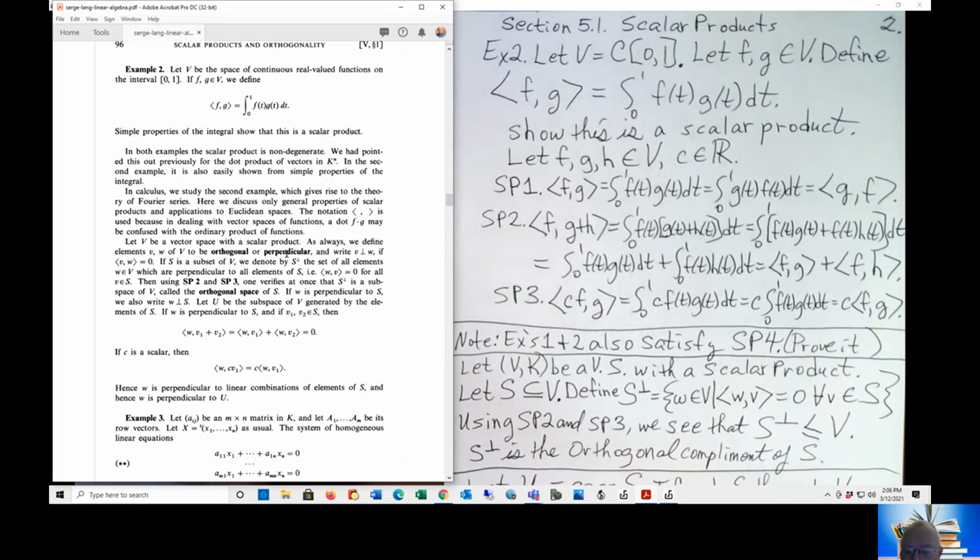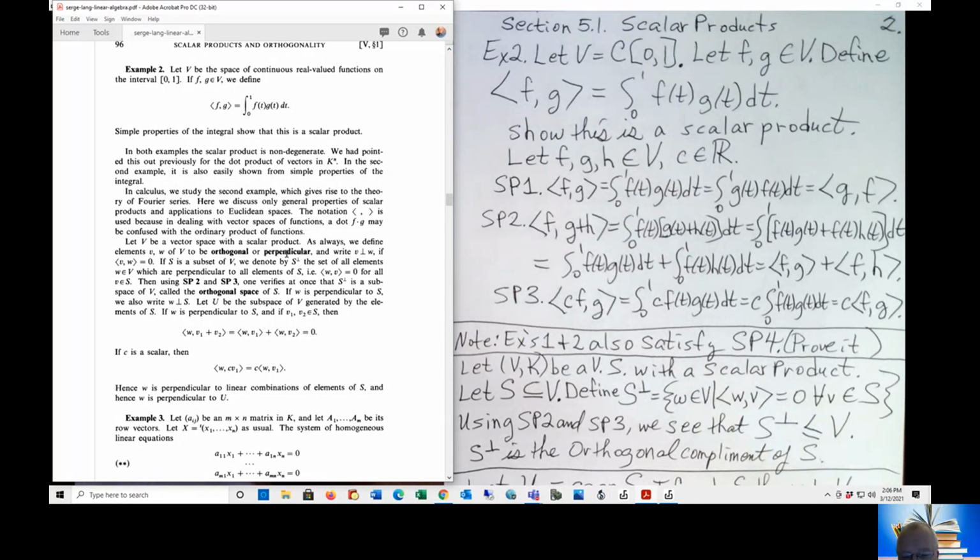We define the following set S perp, perpendicular, to be the set of all vectors w in V such that the dot product or inner product or scalar product of w with v is 0 for all vectors v in the set S.